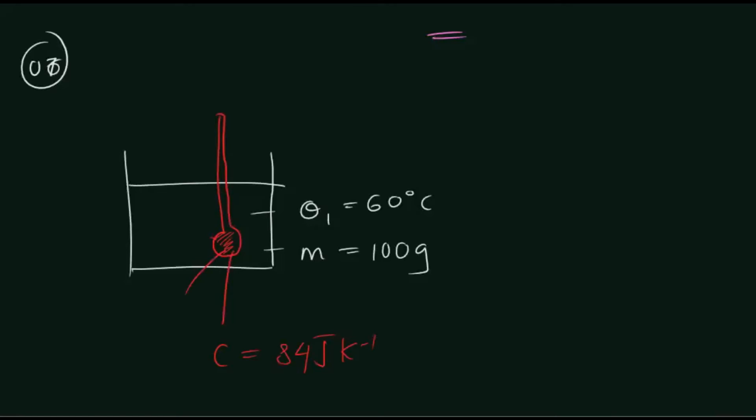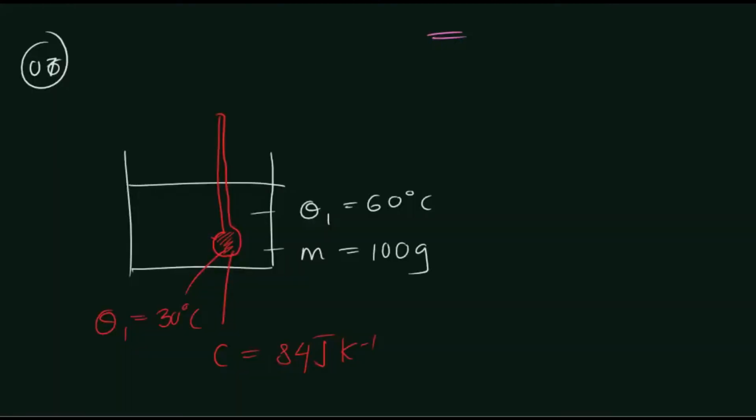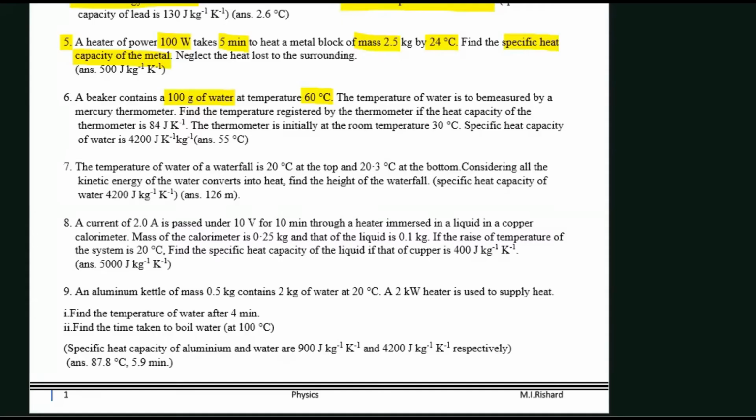And also they have given the specific heat capacity of water, 4,200 joules per Kelvin per kilogram. Okay, fine.